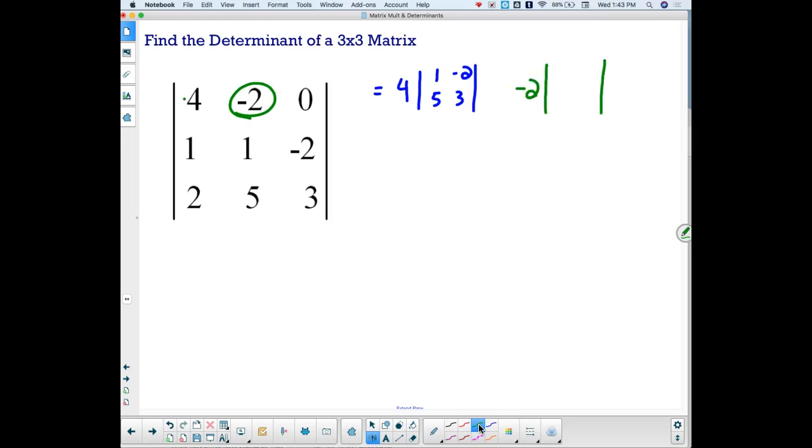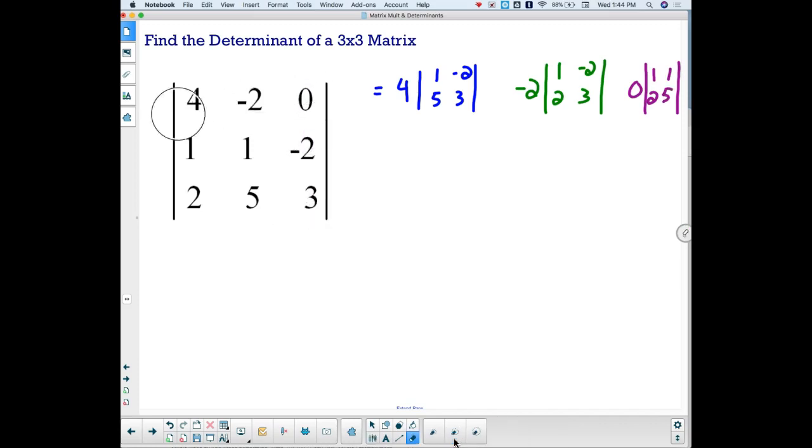And I would cross out that row and that column, and I would go 1, -2, 2, and 3. Then I would go to the next 1. Cross out the column, cross out the row. 1, 1, 2, and 5.